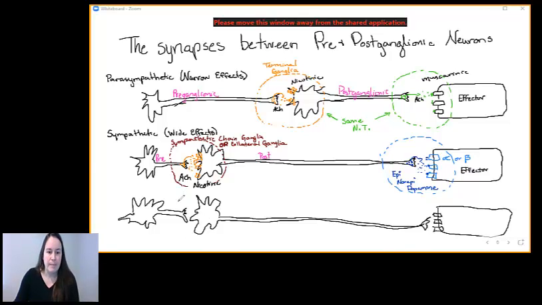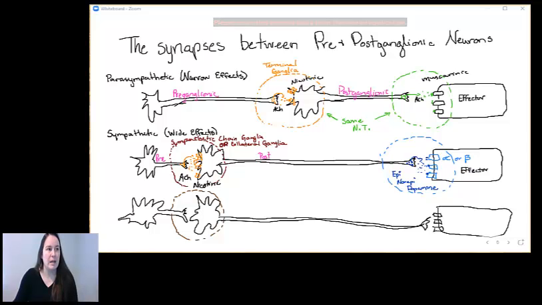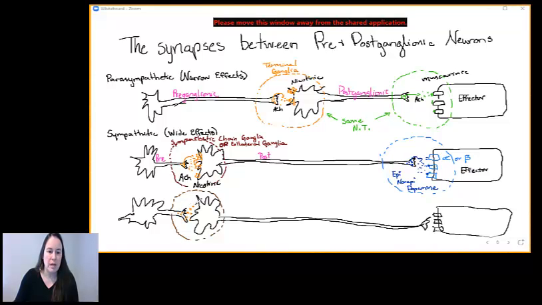We once again have ganglia between these pre and post ganglionic neurons. Once again, my orange is coming back out for the neurotransmitter that is released to, yet again, nicotinic receptors. So note that all synapses between preganglionic and postganglionic neurons are going to involve this synapse type.